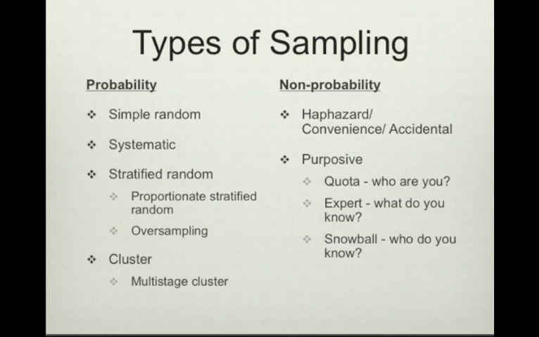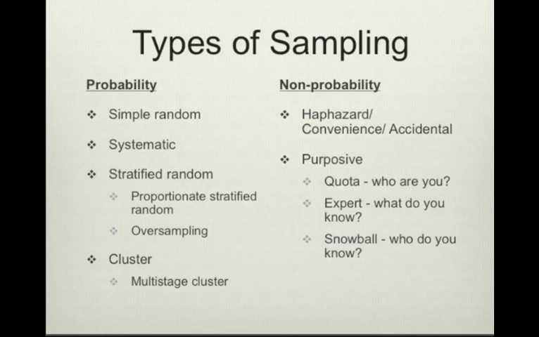So if I was interested in students who are taking a statistics and research methods class, I could take all of the sections of 3510 and put the 6 sections that we have of this class in a hat, and then randomly select one of the courses, one of the sections of the class. That would be a cluster. And then I would take that cluster and sample everybody within that cluster.